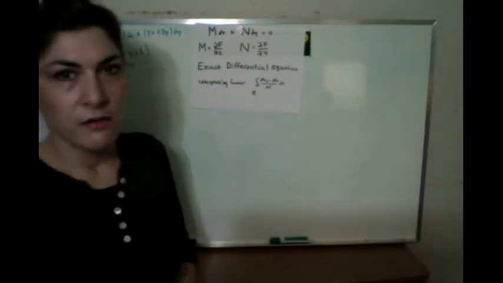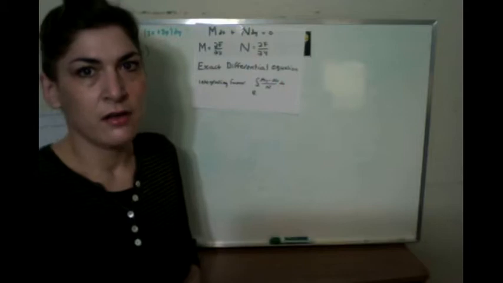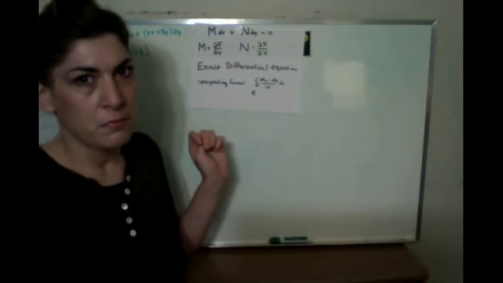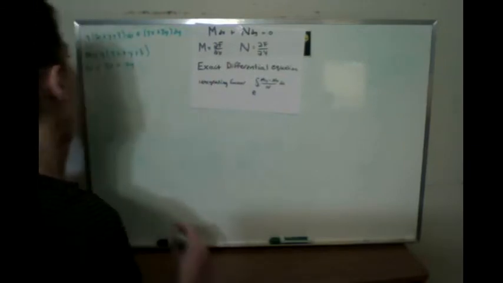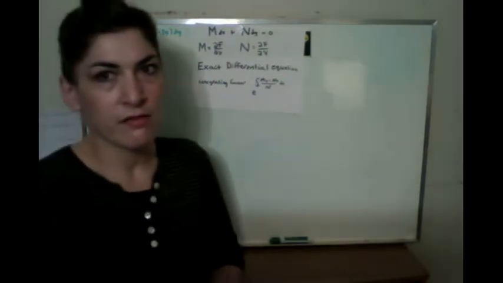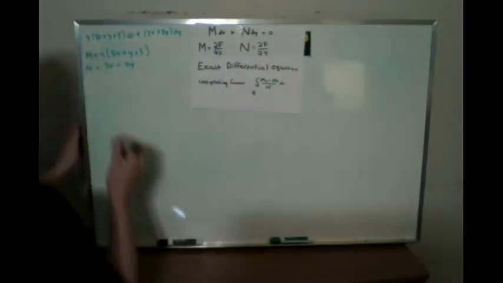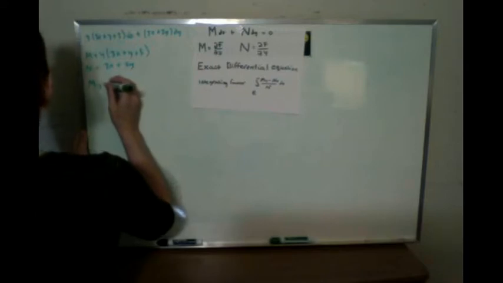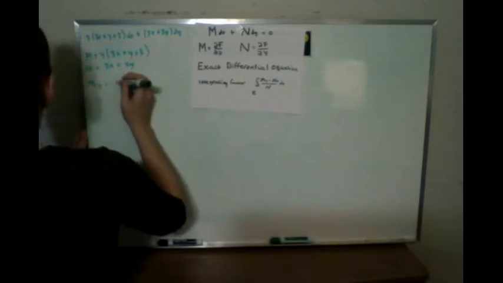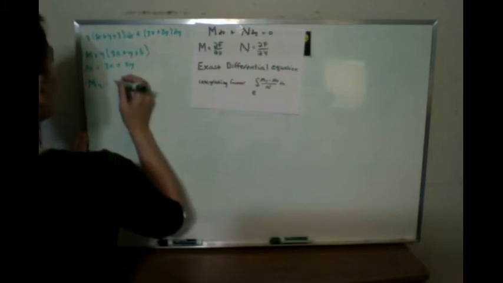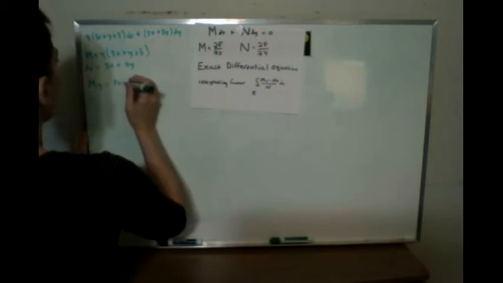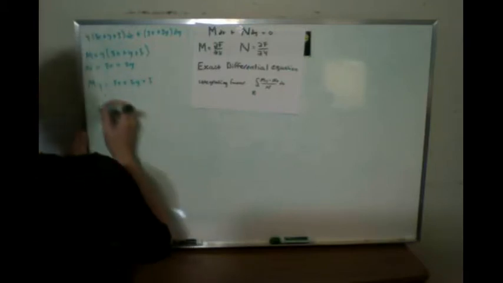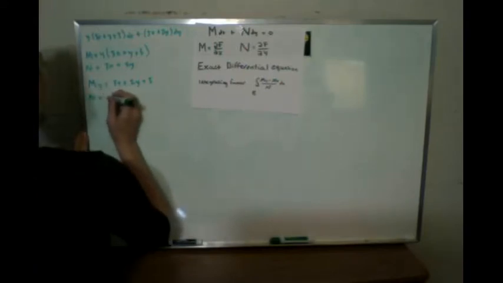Now we check to see if the differential equation is exact. This is done by taking the partial derivative with respect to y of M and the partial derivative with respect to x of N. So our My equals 3x plus 2y plus 3, and our Nx equals 3.